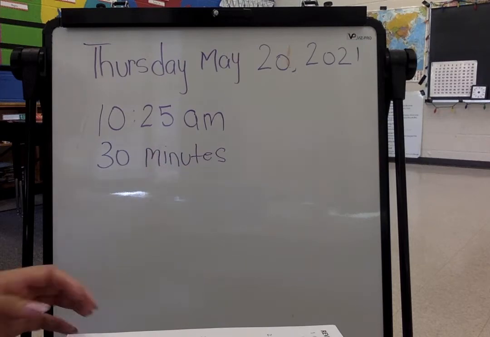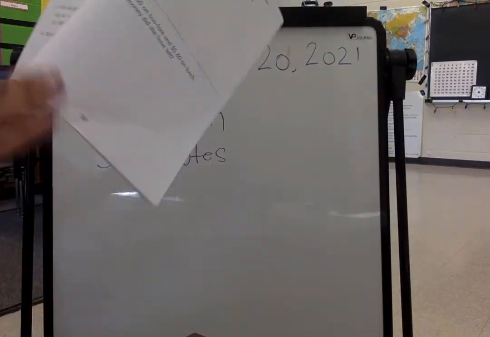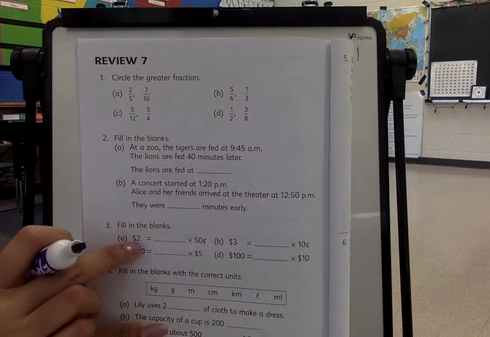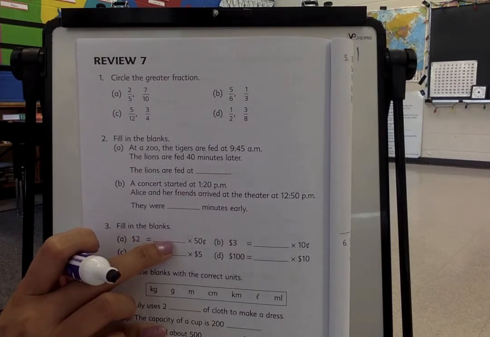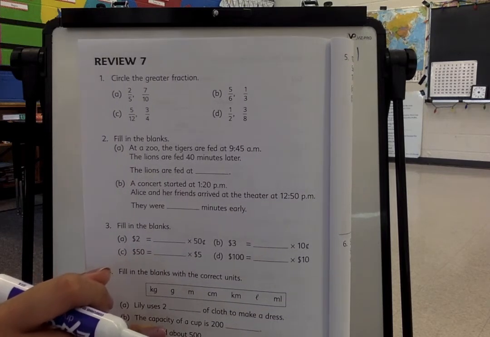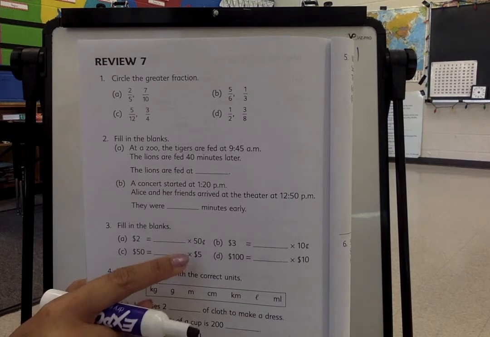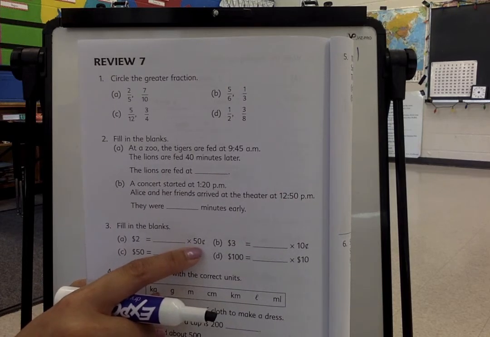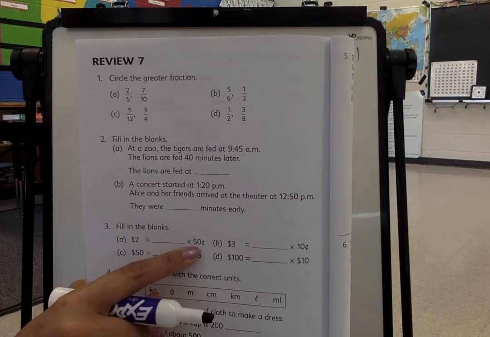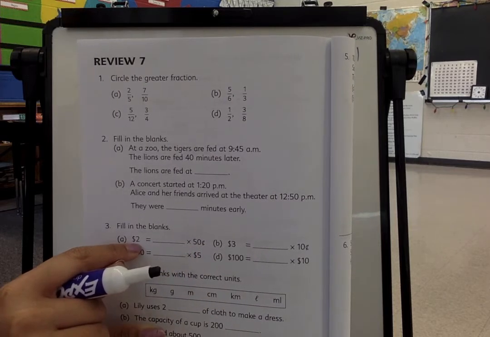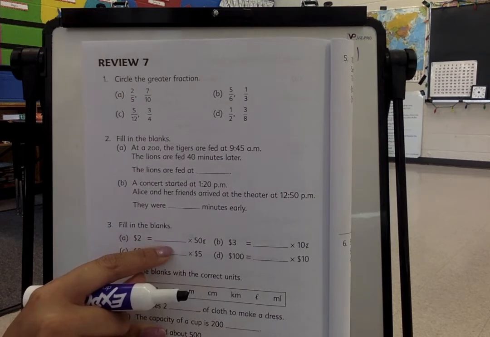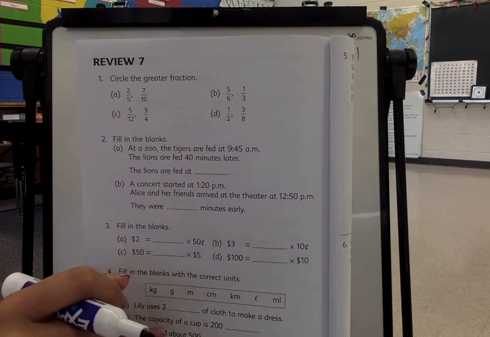Okay, let's go to our next question. Now for this question, they're asking you, you have $2. $2 would make how many quarters? Each dollar is made up of 50. So they're saying, how can you make 50 cents? So how many 50 cents would we need? So if we have $2, we would need 4 times 50 cents, right?